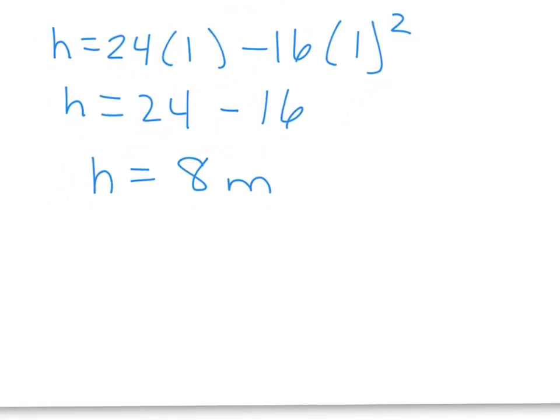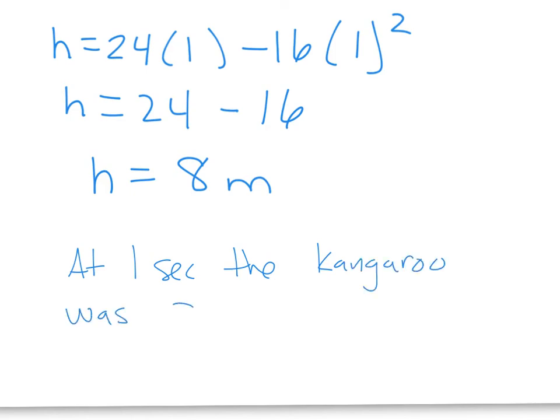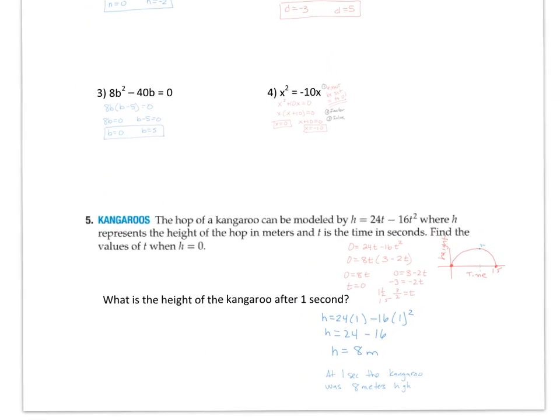So at 1 second, the kangaroo was 8 meters high. Okay? All right, and that concludes lesson 8.5, zero product property.